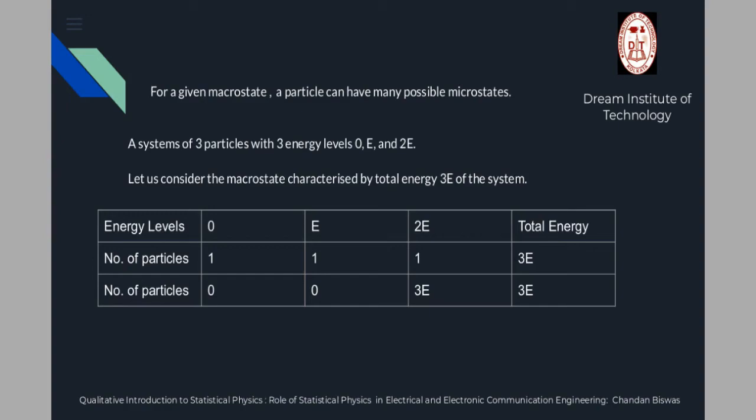We can see that there can be only two ways that this system can have total energy 3E. One, one particle in each of the three energy levels 0, E and 2E. That makes total energy 3E. And two, all the three particles in the same energy level E. That also makes total energy 3E.